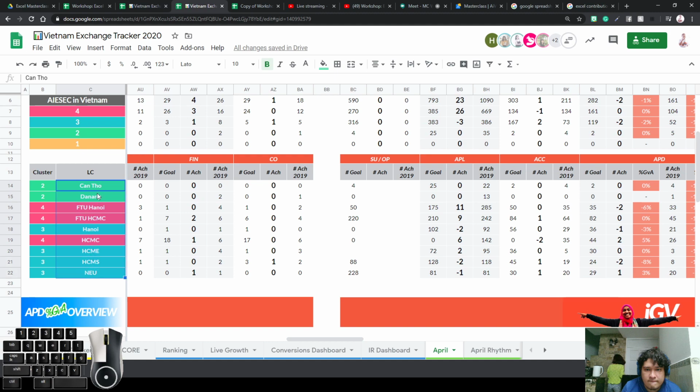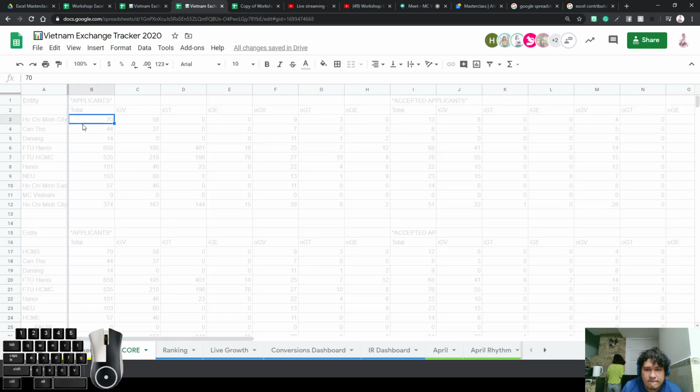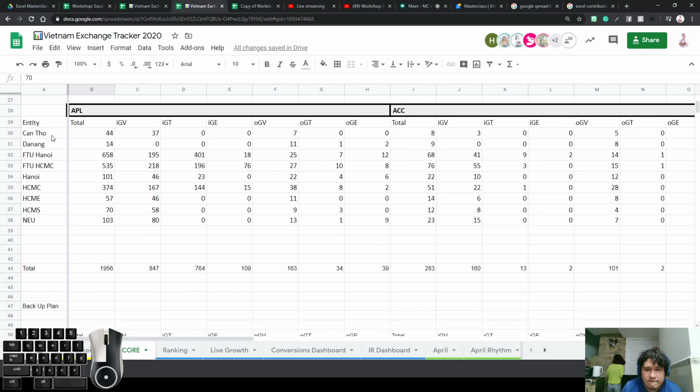Everywhere where it has LC names, except maybe the part for rankings, they are in the exact same order. And they are not in a line, they are in a column, all part of the same column but different rows. The reason is that this is the order that my raw data has.